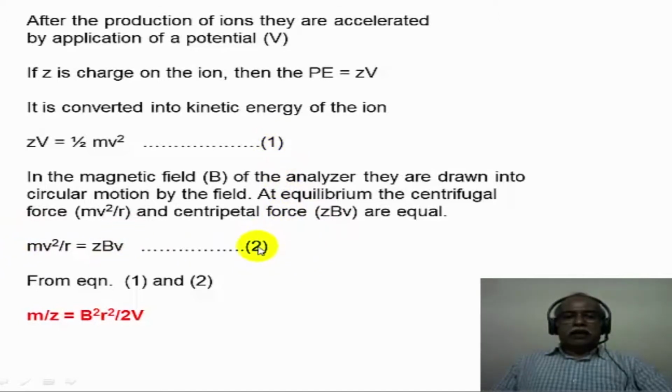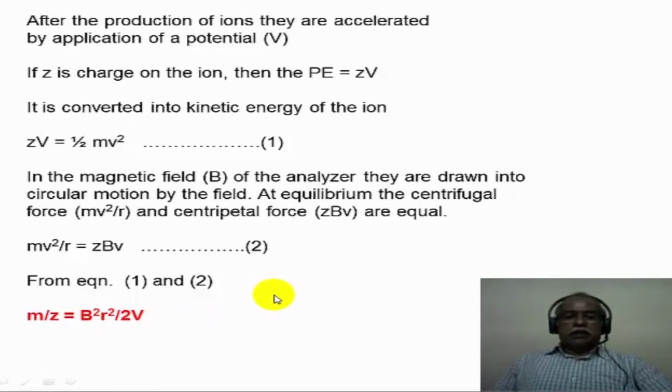If you combine equation 1 and equation 2, you get this equation where the mass to charge ratio m/Z of the ion corresponds to the square of the magnetic field strength, the square of the radius of curvature of the analyzer tube, divided by 2 times the acceleration voltage.